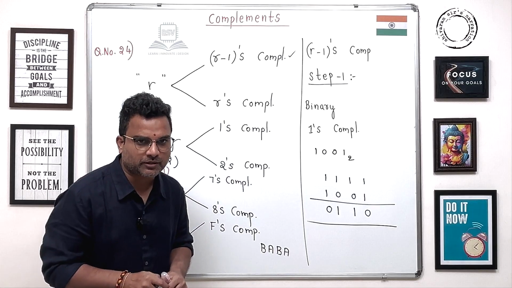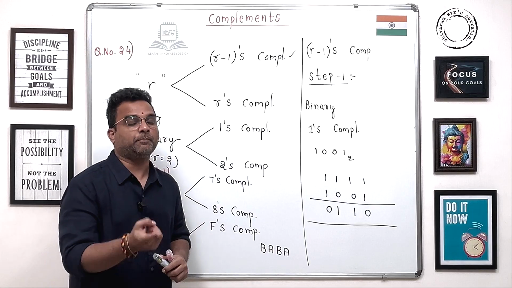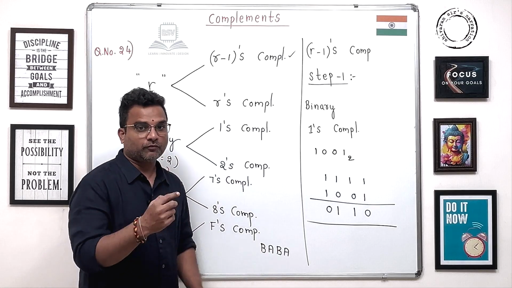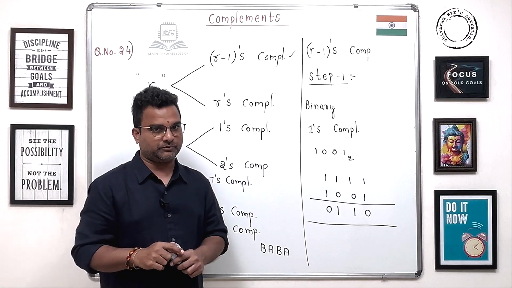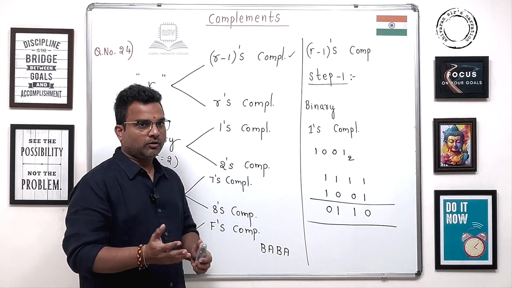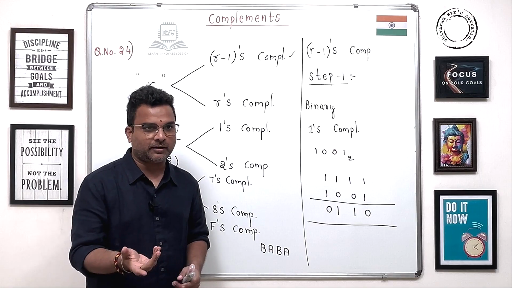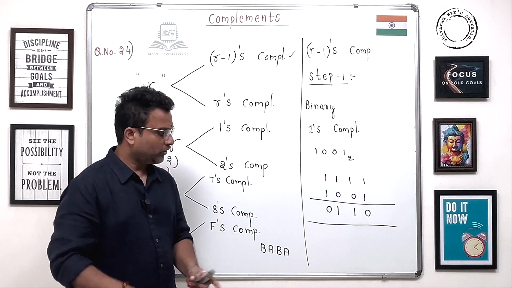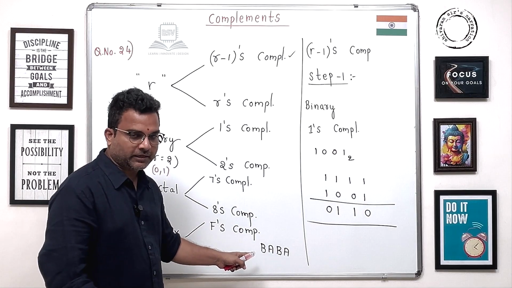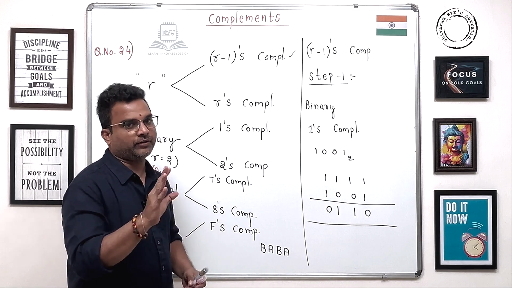What is the procedure? You need to subtract this number from the maximum possible value. What is the maximum possible value in hexadecimal? F only. So you need to subtract BA from F.